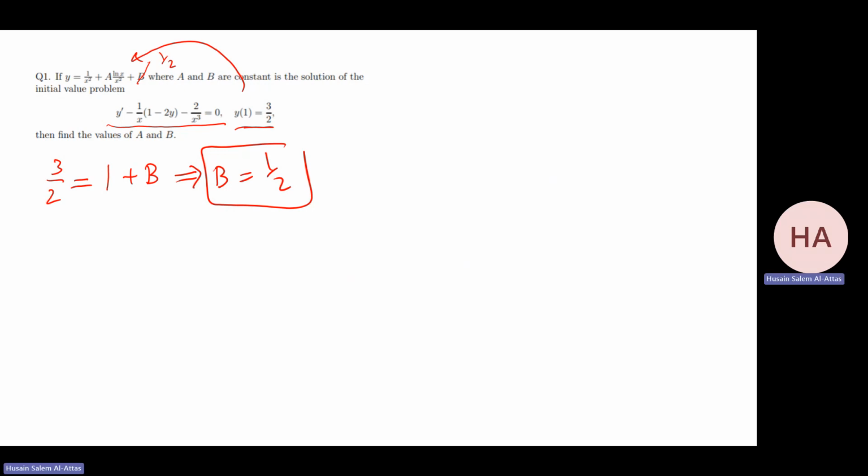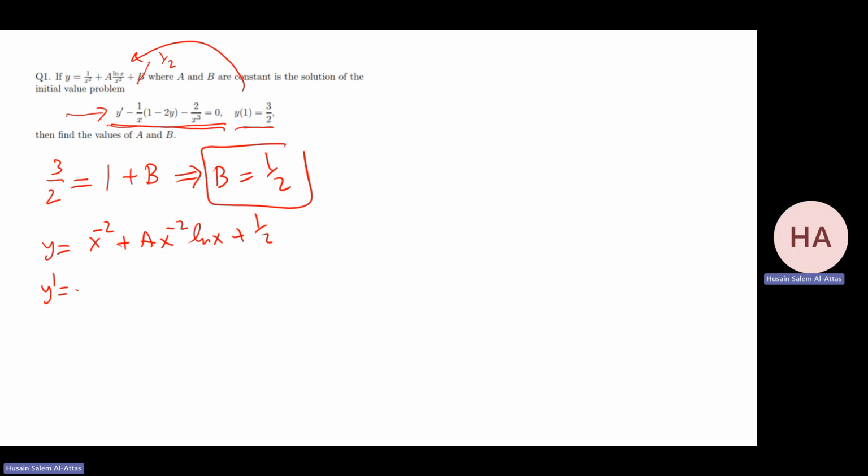Now I need to use this differential equation to find A. So find y prime first. This is x to the power minus 2. Let me write y again, as powers it will be easier for me: x to the power minus 2, plus A x to the power minus 2 ln x, plus half. So it will be y prime. I'm looking for A, which should satisfy this equation.